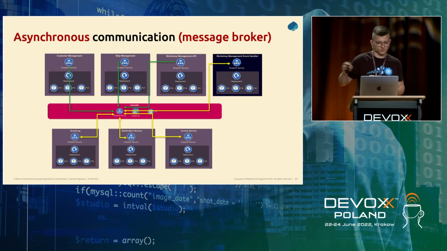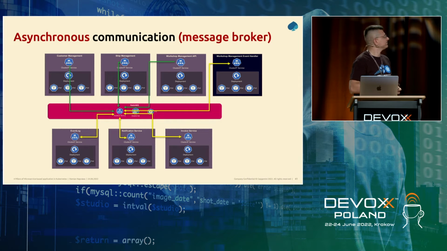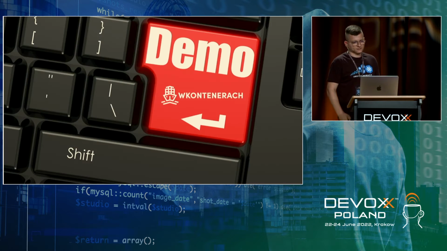Of course, there will be more advanced objects, maybe not more advanced, but specific objects to specific component like secret, config map, and stuff like this. So now let's take a look in code.